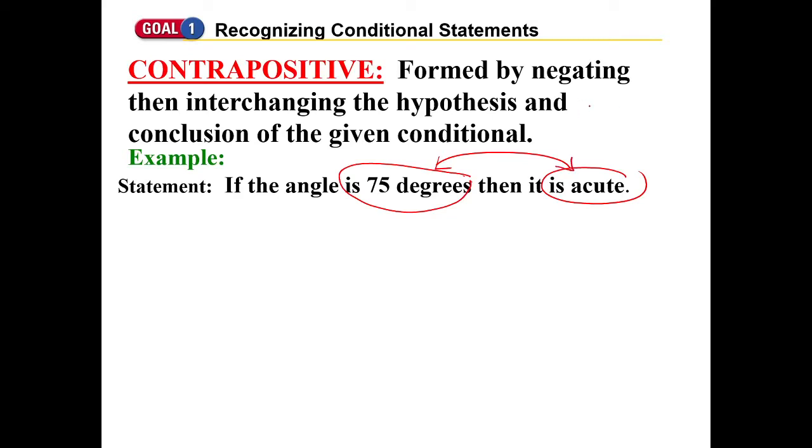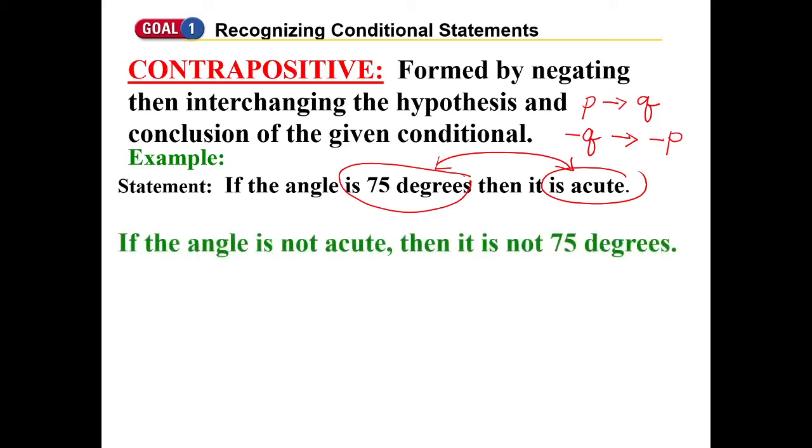If I have P implies Q, this becomes not Q implies not P. So the contrapositive for this statement is simply: if an angle is not acute, then it is not 75 degrees. We negated, then interchanged. Is that clear, Section Ruby?